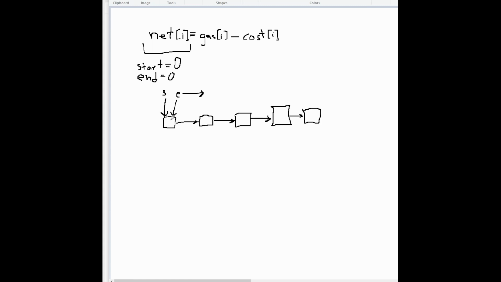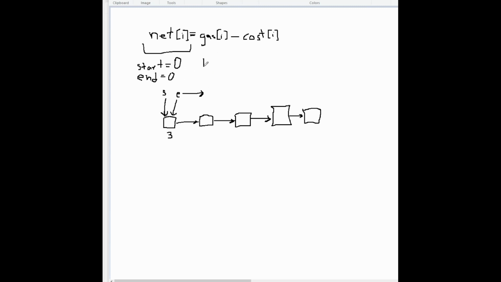So we begin and we see a positive value, for example a 3 over here. That means with a tank that starts at 0, we gain 3 gallons, and our tank can be at 3 if we move forward from here. So that's exactly what we do, because we want to push end as far forward as possible.